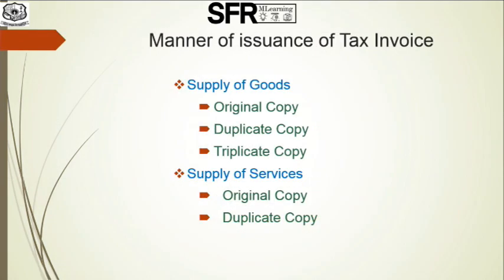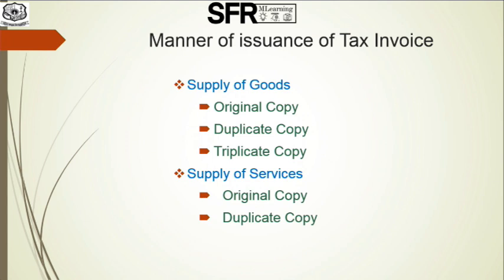So, next we are going to discuss the manner of issuance of tax invoice. The first thing is supply of goods. In case of supply of goods, the invoice shall be prepared in triplicate in this manner.